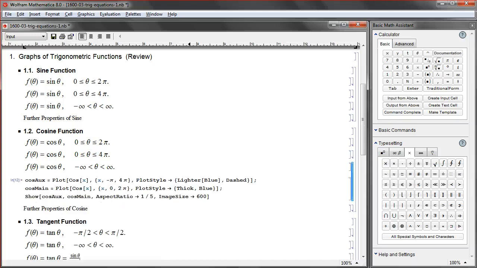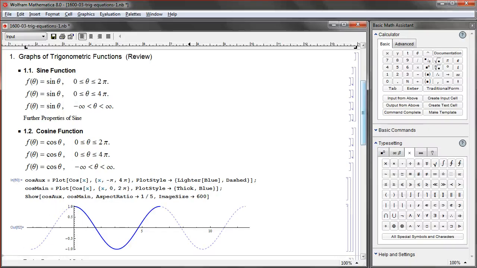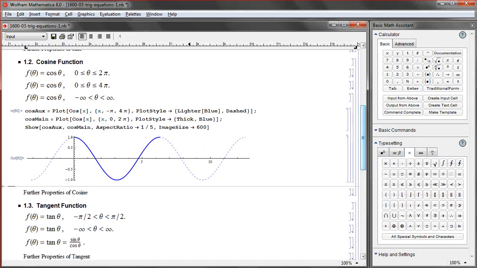This is the graph of cosine function now. Again, we are going up and down like a wave, but this is an even function, symmetric with respect to the y-axis, and the maximum is 1, and that happens to be the y-intercept.